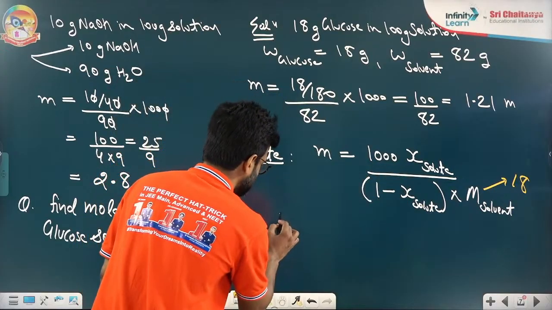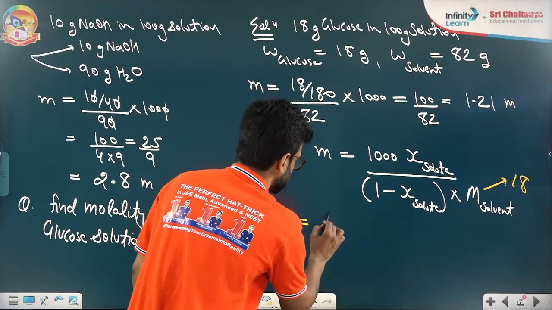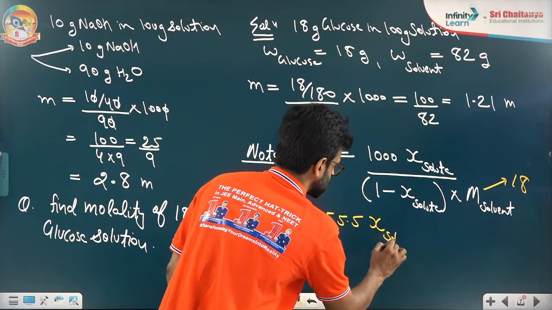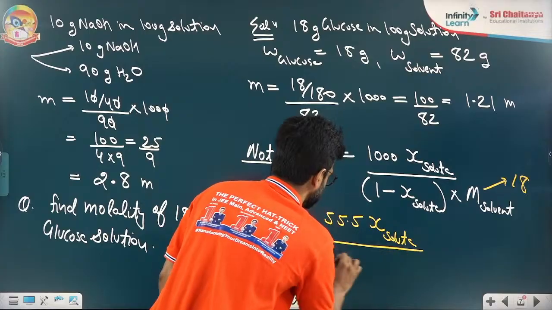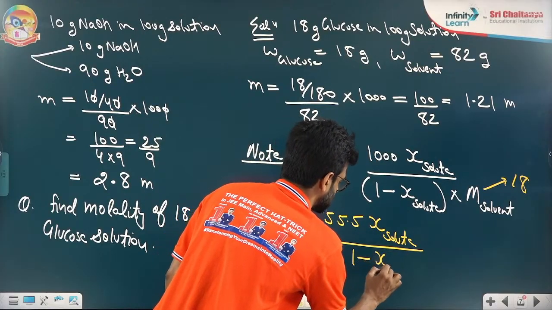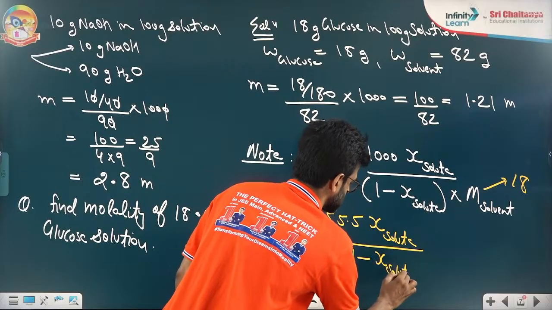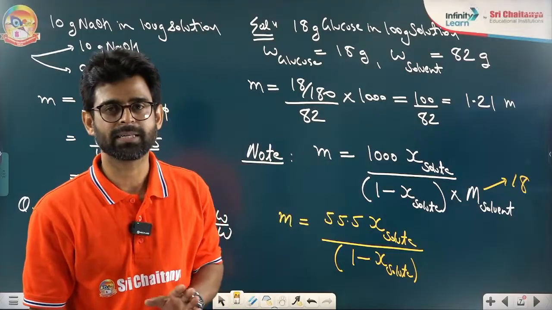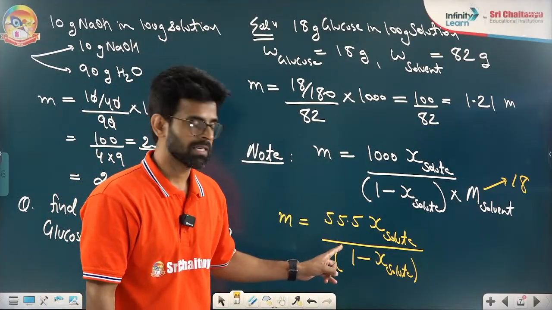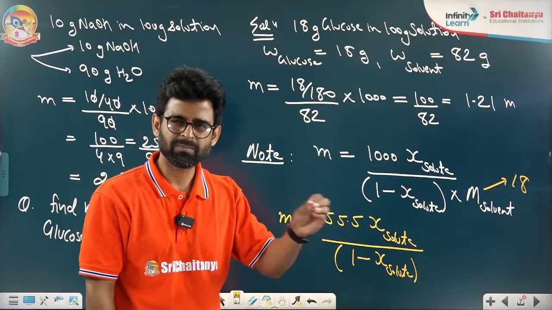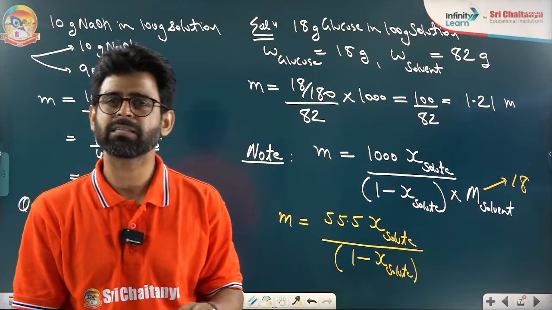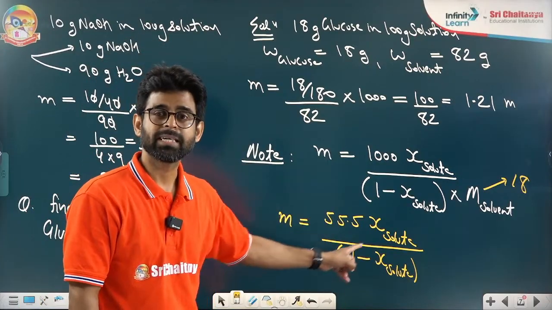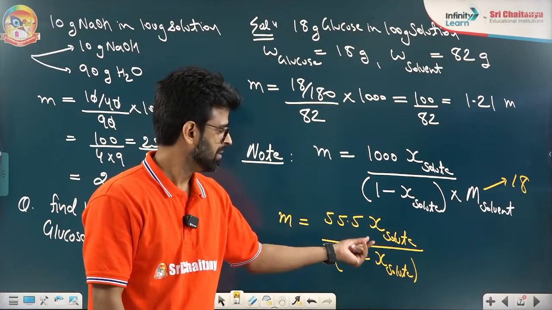So I can write the direct relation also from here: 55.5 into mole fraction of solute, divided by 1 minus mole fraction of solute. You can use the general formula anywhere if any solvent is there, but you will use this one when solvent is water. And as I'm saying, in the NEET exam, solvent will always be water. So you can use this one. Small m is molality, and chi or x here is the mole fraction of solute.